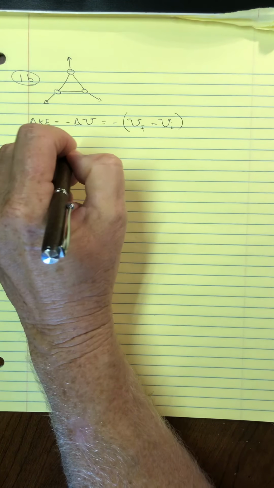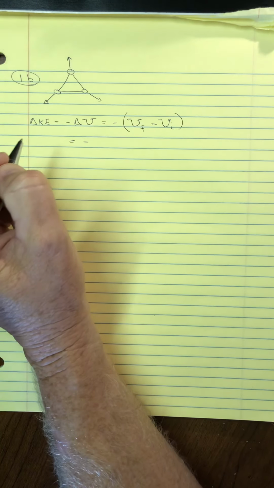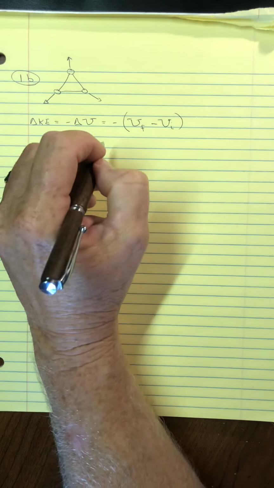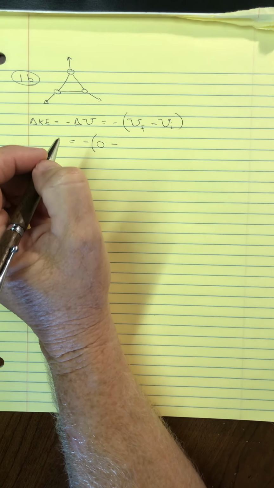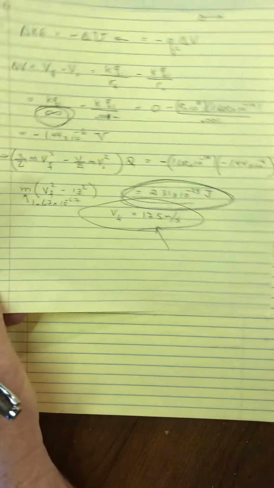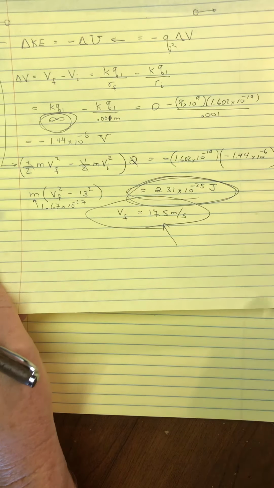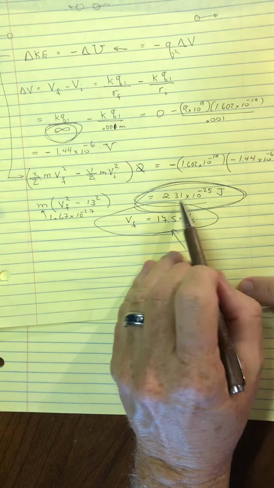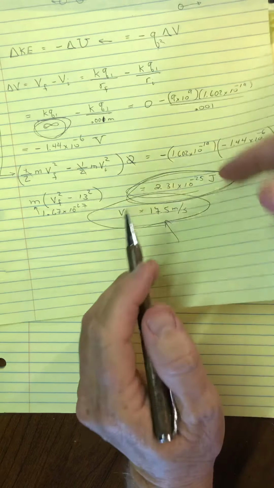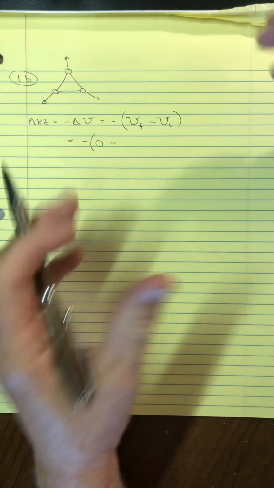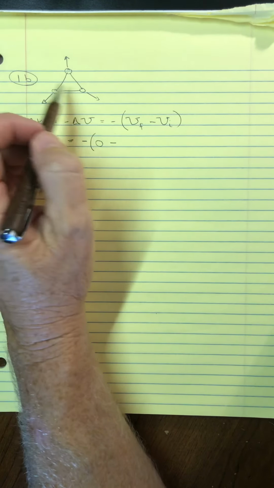So this would be a minus, then here a 0 minus. And this is where we can save ourselves a little bit of work, and we have to be careful counting. We know that 2 protons separated by 1 millimeter have this much energy. So think about how much energy it would take to assemble these.